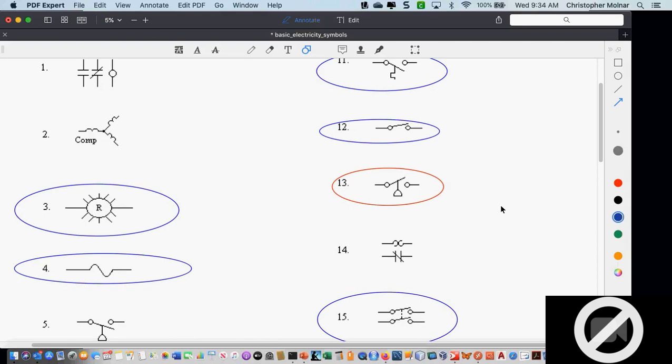It opens on pressure rise. You see how as it goes up, it opens. And it closes on pressure drop. So this is considered a high pressure switch. Okay, high pressure switch.